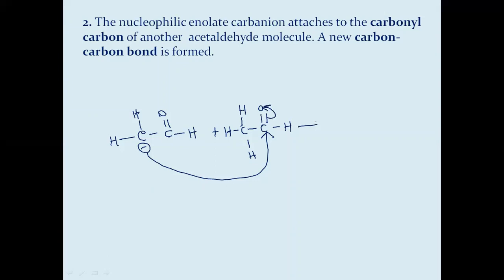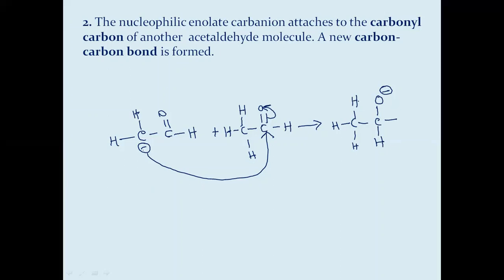So we have CH3. This is the part that I'm writing. Next, here we have this carbon, but one bond is shifted to oxygen, so we have O minus. This carbon is also attached to hydrogen, so I'm writing the hydrogen here.